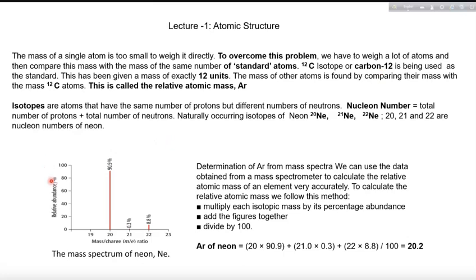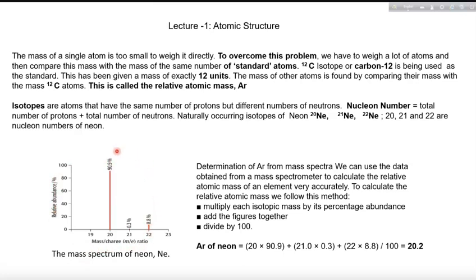We can see a mass spectrum of neon. At 20 there is a big peak, at 21 a small peak, the smallest one I would say, and at 22 a relatively intense peak. The biggest one is 90.9%. This axis is relative abundance, and this is the mass to charge ratio.